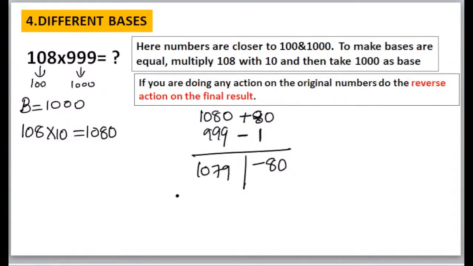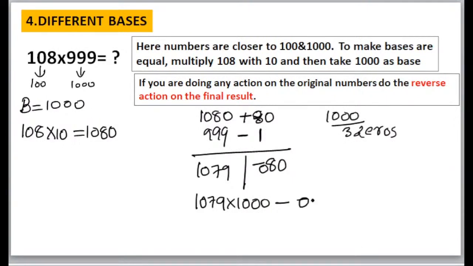This is your LHS. Since you have negative terms in your RHS, you have to multiply your LHS with the base. 1079 into 1000 minus, your base is 1000. You have 3 zeros. So you put a 0 here. Minus 080.